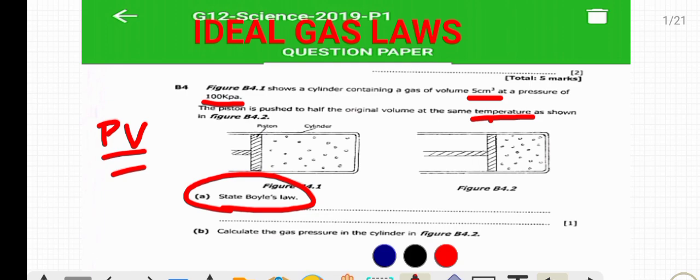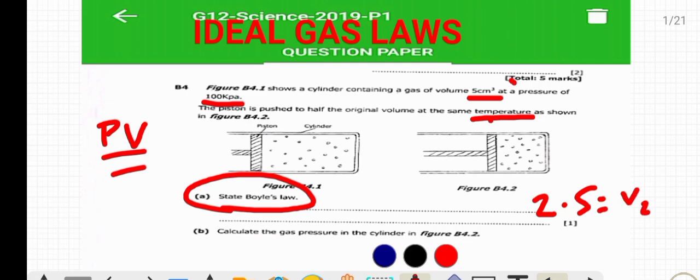I'm just going to read it once again to help you collect clear data. This figure shows a cylinder containing a gas of volume, that's the initial volume, at the pressure of, that's the initial pressure. The piston is pushed to half the original volume, which means half of 5, which is 2.5, is V2.